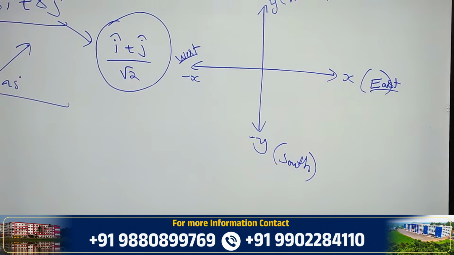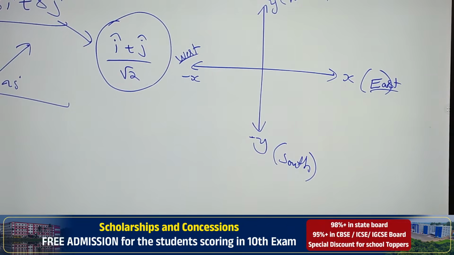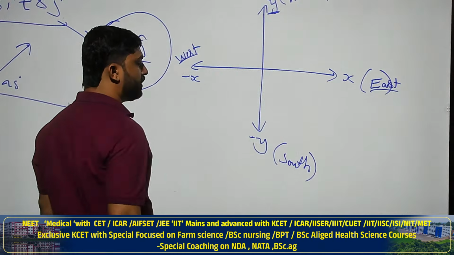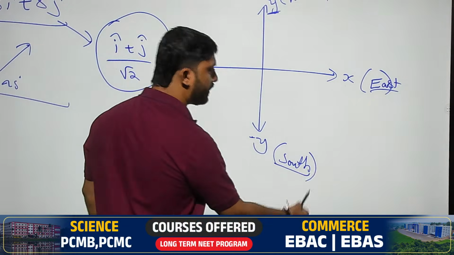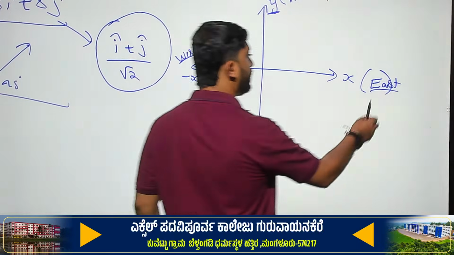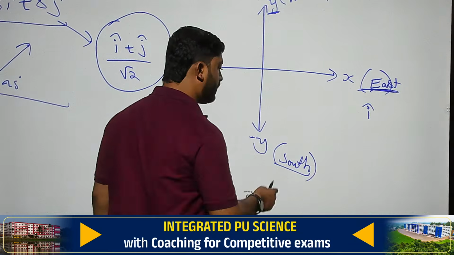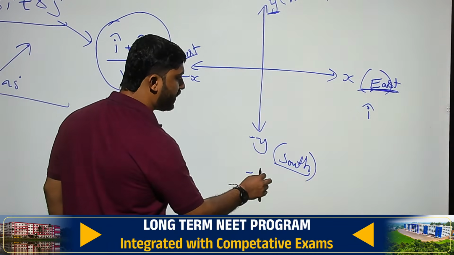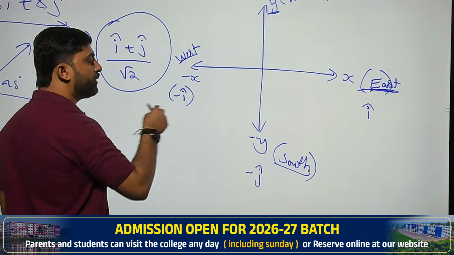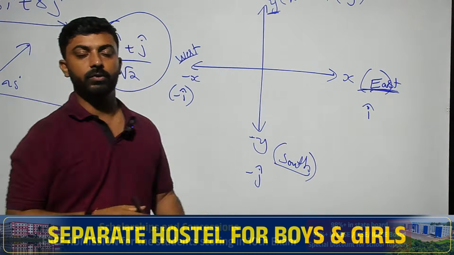If x direction is treated as east direction and west direction is taken for minus x, and north is taken in y direction, and minus y represents the south direction. Then in vector form, east direction is given by i cap, south direction is given by minus j, west direction is given by minus i cap, north direction is given by j cap.